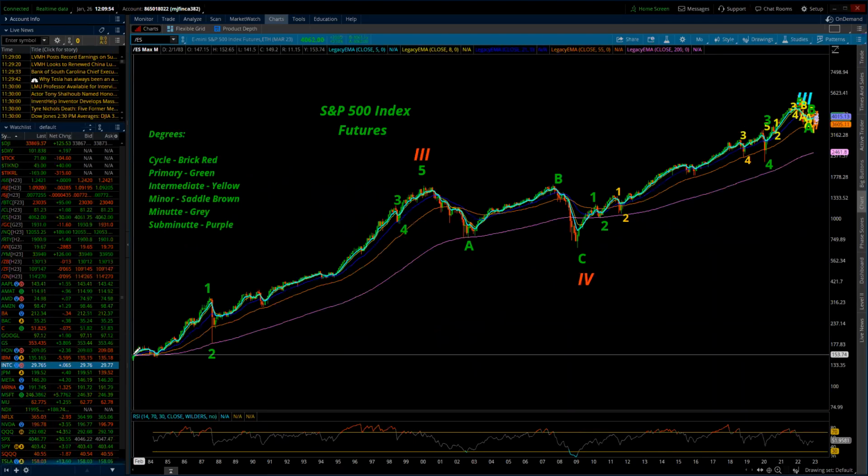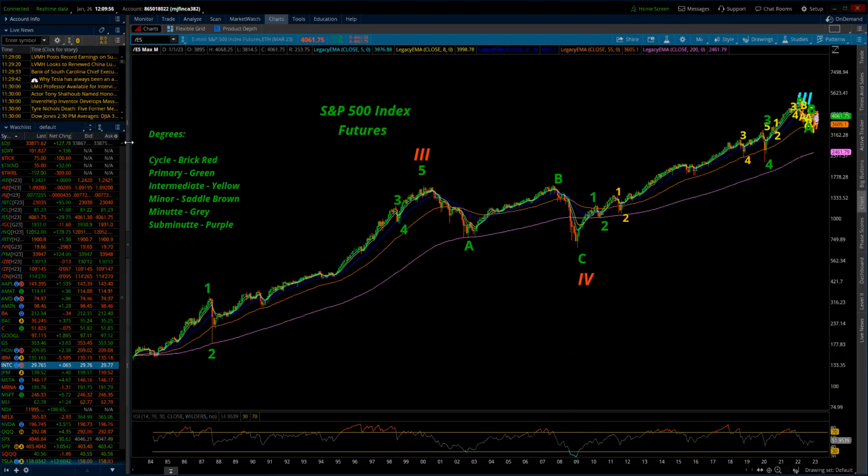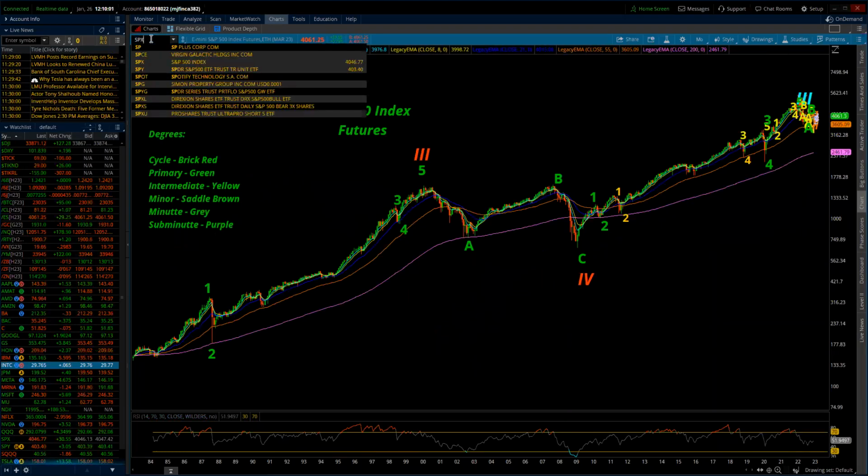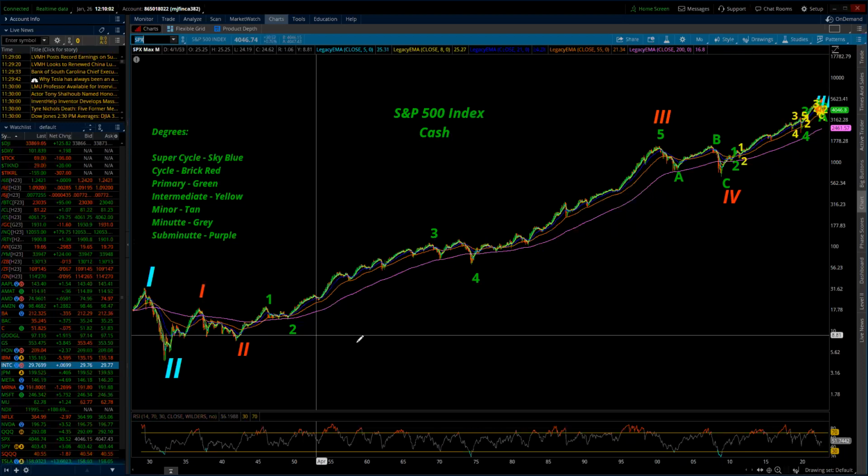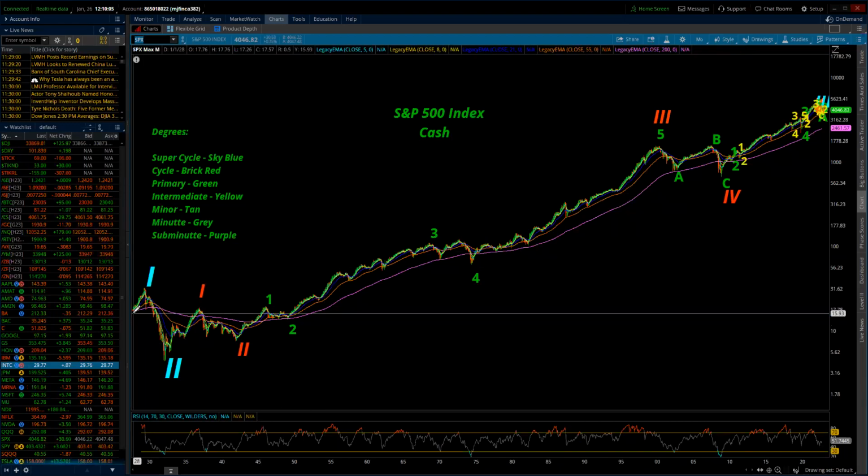That's a nice little amount of data, but let me go over to the SPX and show you that in the SPX, I go back to 1928. So I have much more data in the SPX cash market.